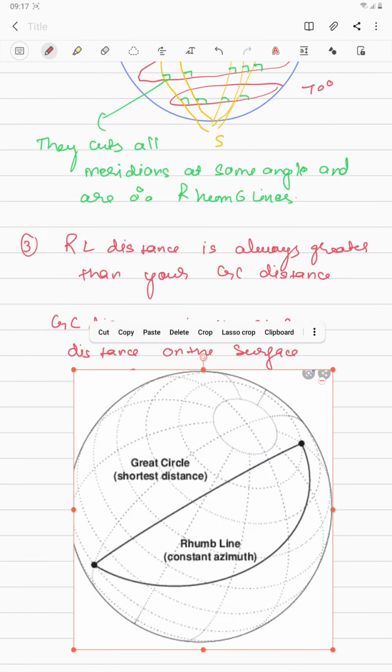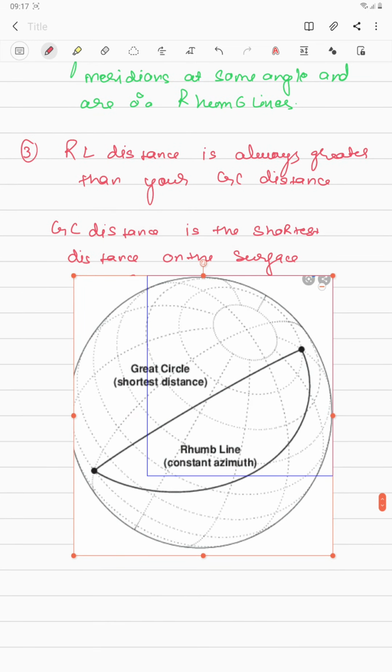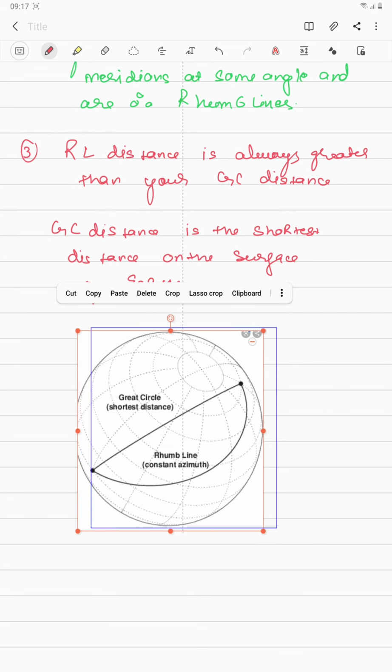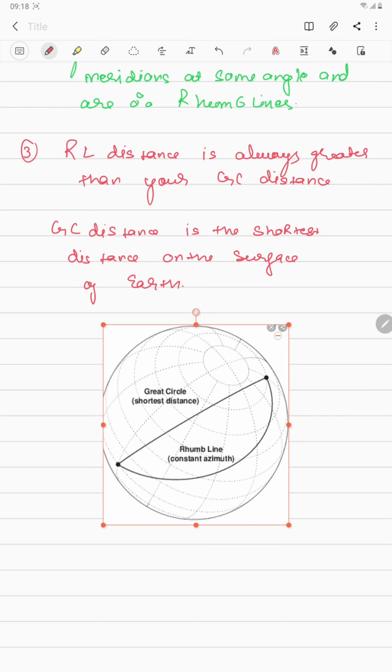If I take this image, have a look here. This is your great circle. Now in this image we are traveling from point A to B. The great circle distance, or the great circle, is practically a straight line.